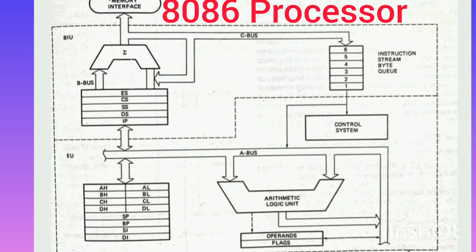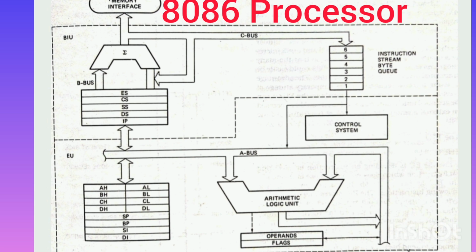Bus interface unit has 4 segment registers, which are extra segment register, code segment register, stack segment register, and data segment register. The segment registers are used to hold the upper 16 bits of starting address for 4 memory segments.